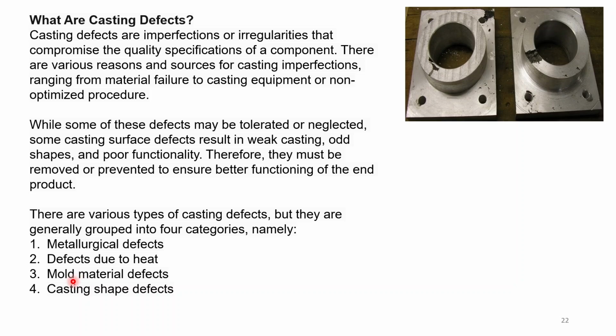You can use metal, shell mold or sand mold, and all these materials give rise to these defects. Next you have casting shape defects, due to the shape of the casting. In this casting as well, you can see various defects which are known as casting defects.